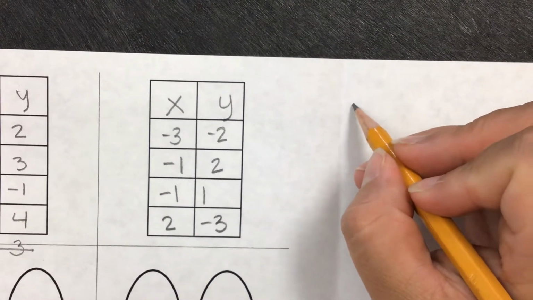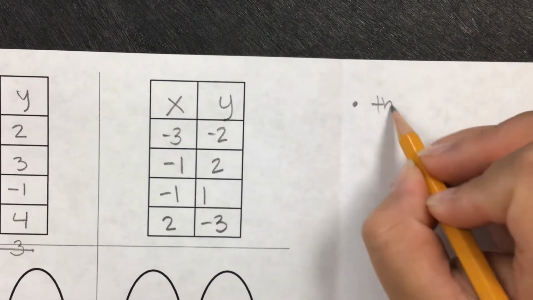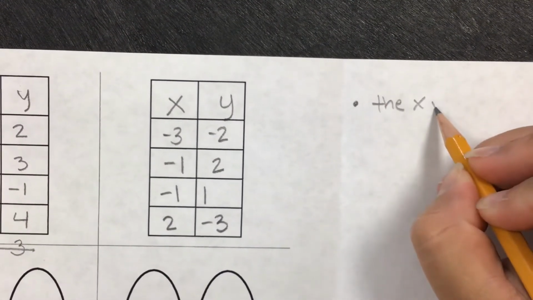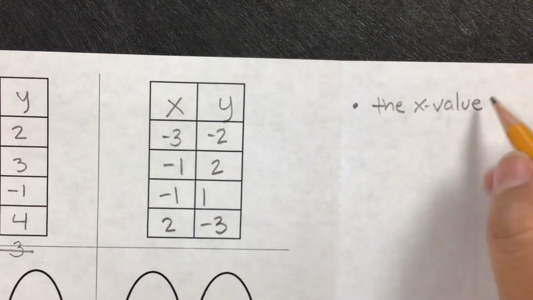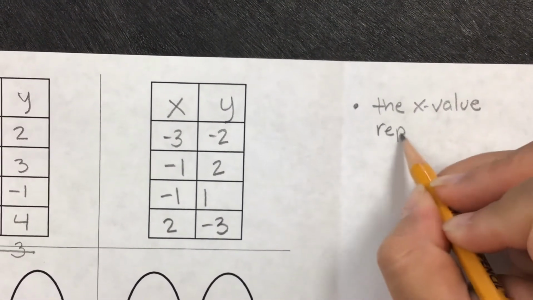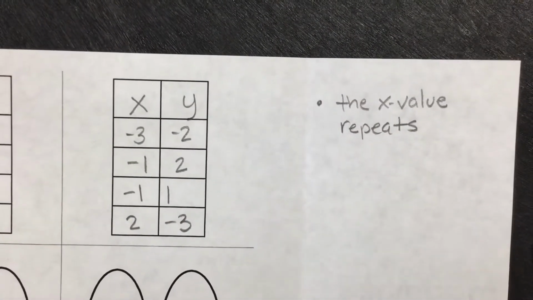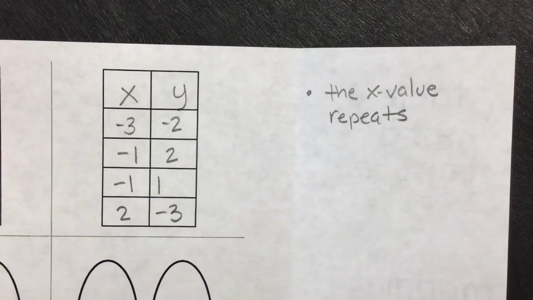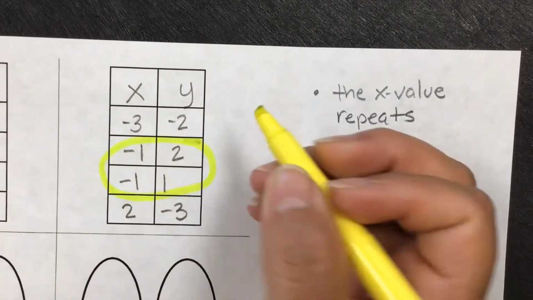So this is not a function. The reason this is not a function is because the x values repeat. So this right here is the reason that this would be considered not a function.